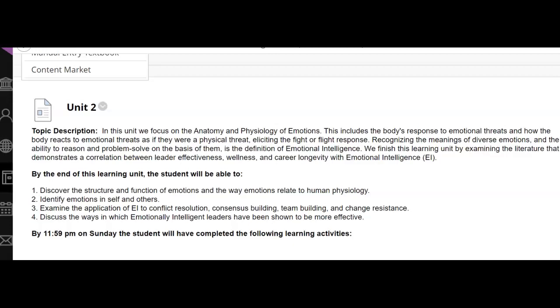So we're going to be able to recognize the meanings of different emotions and the ability to reason and problem solve on the basis of them. That's the definition of emotional intelligence.